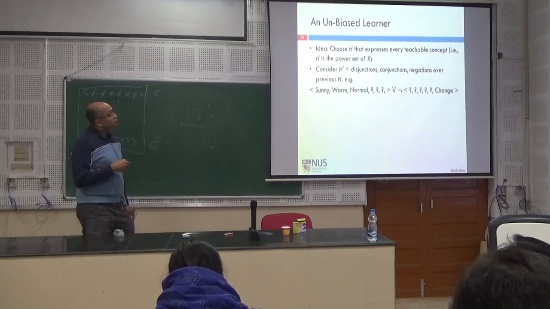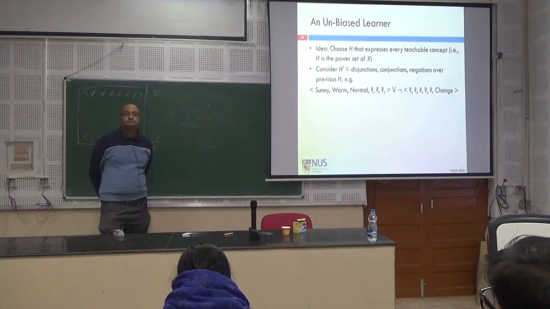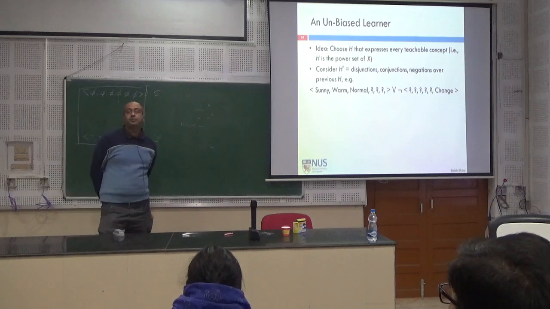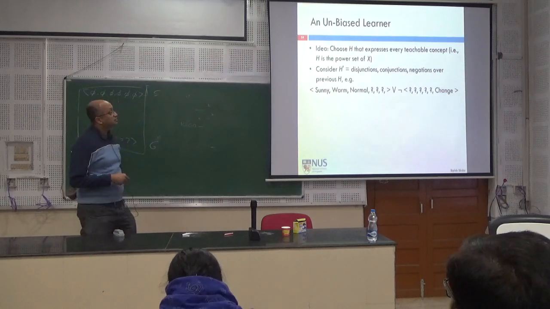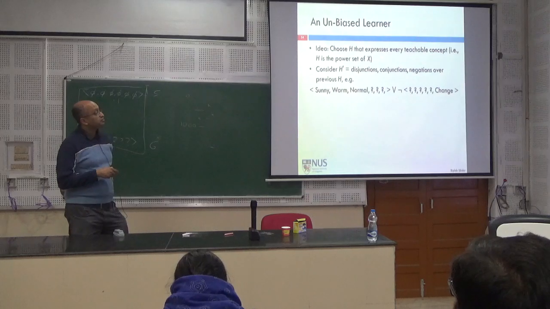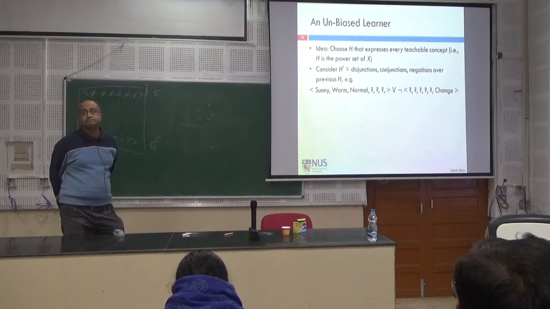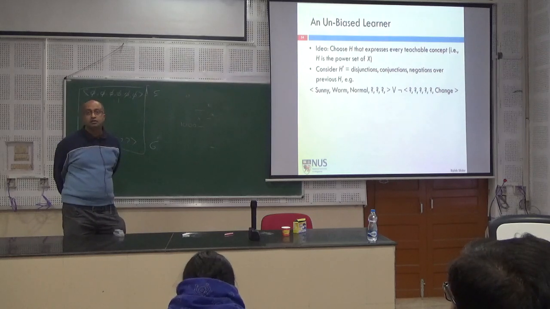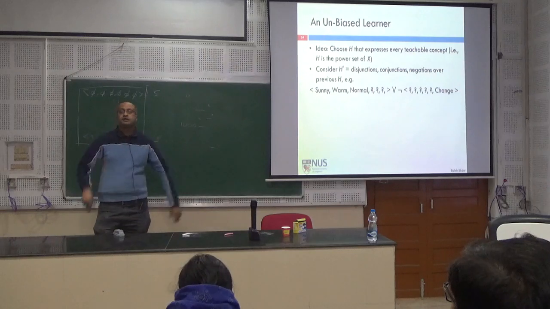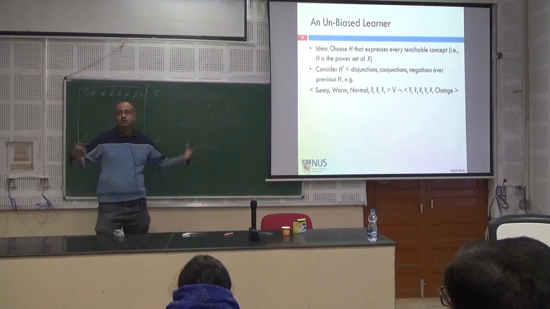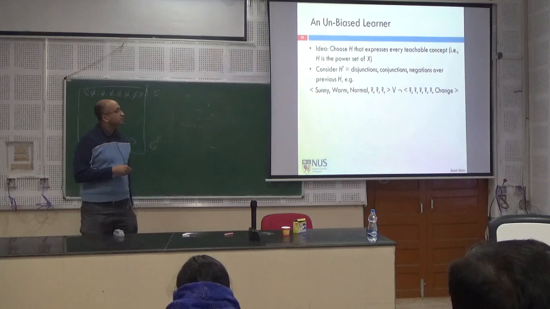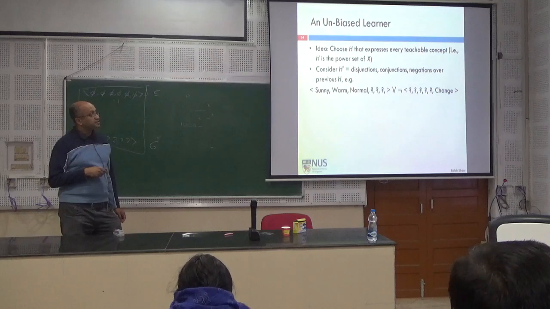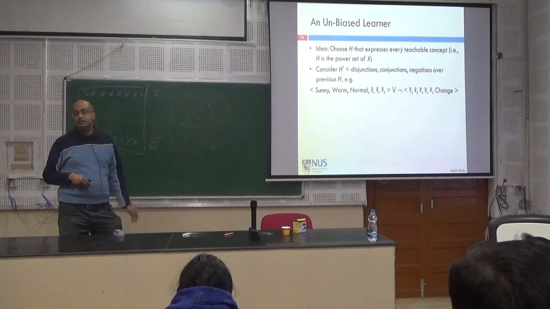Now, if you want an unbiased learner, what should I do? I should include all possible hypotheses. How does that work? Essentially you have to include the power set of X, where X is the set of instances. You have to include all possible subsets of X. So you have to consider a hypothesis space which includes disjunctions, conjunctions, negations, and everything else.